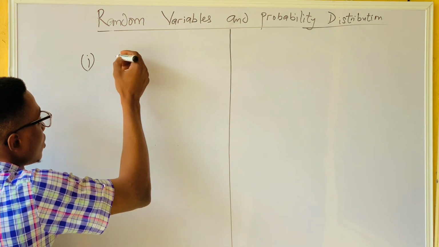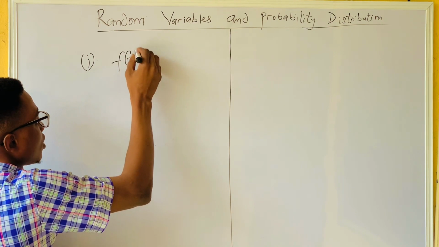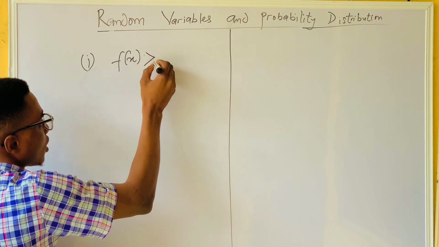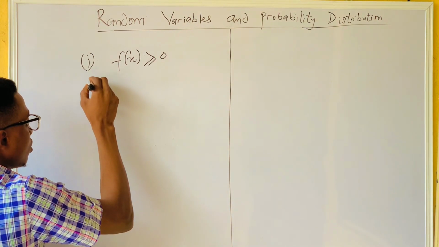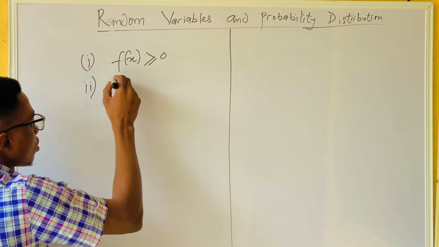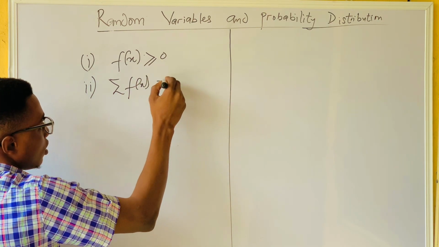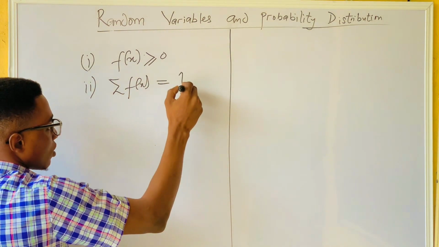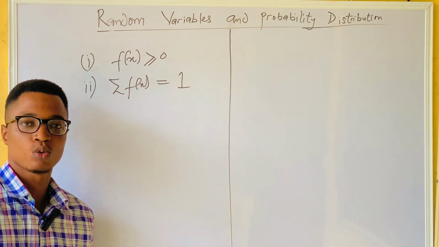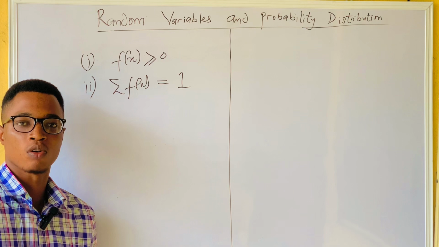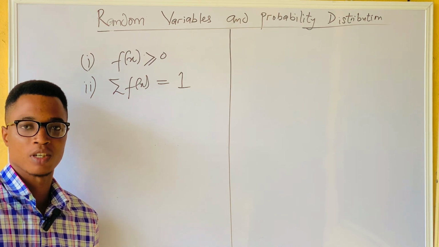Number one property, or number one condition, is f of x is greater than or equal to 0. The second property or condition is summation of f of x is equal to 1. These are the two properties or conditions of a discrete random variable.